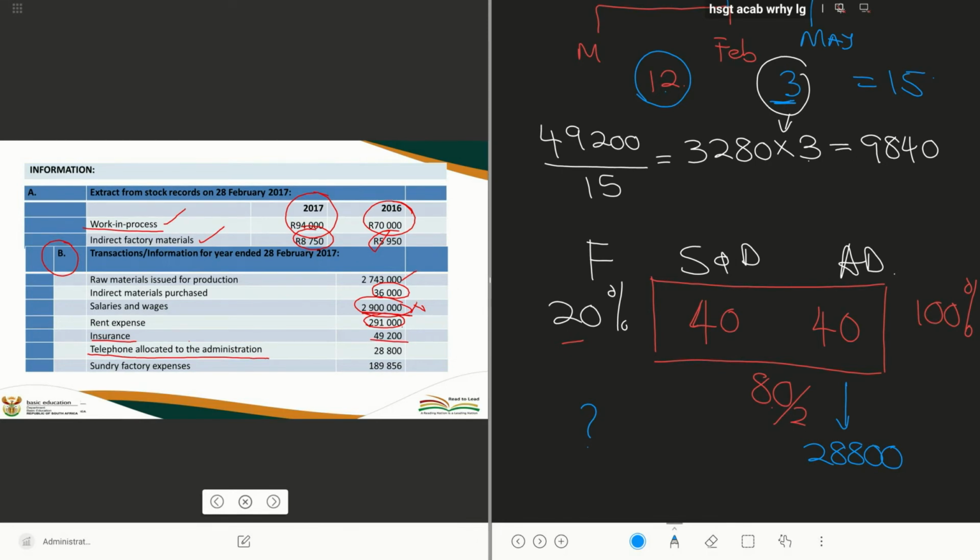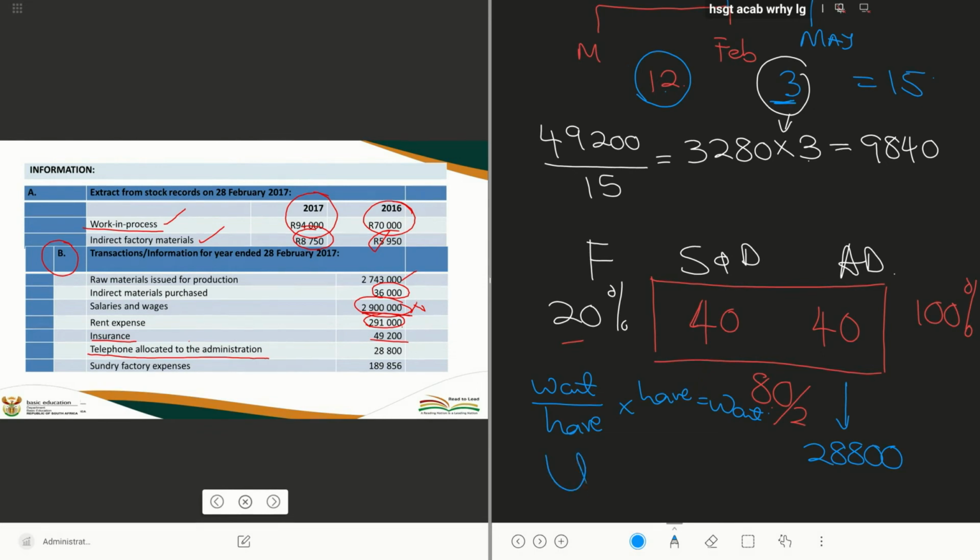Okay? We're going to apply the up method. What does the up method say? The up method says what you want, you put it up over what you have times what you have. It will give you what you want, okay?